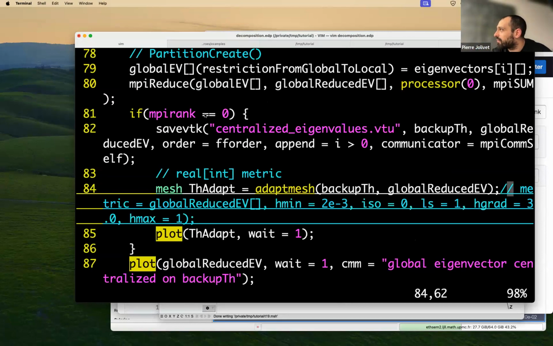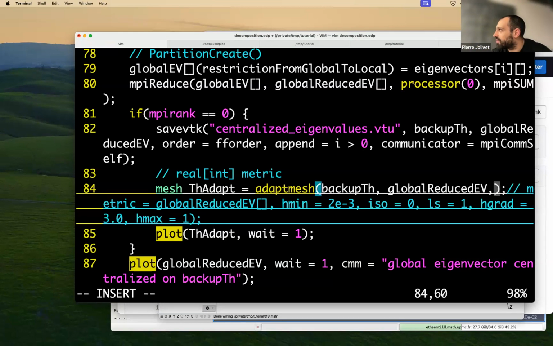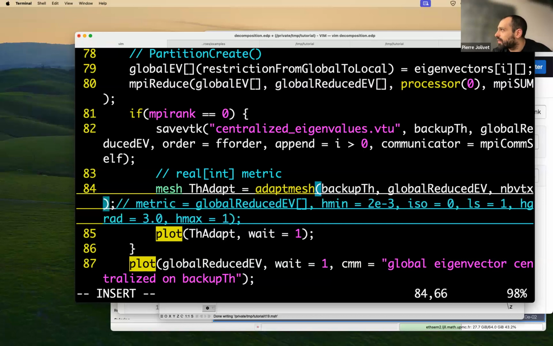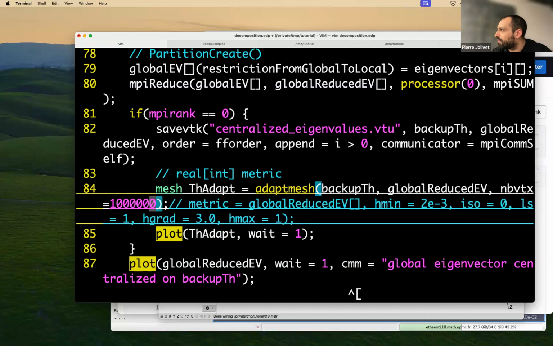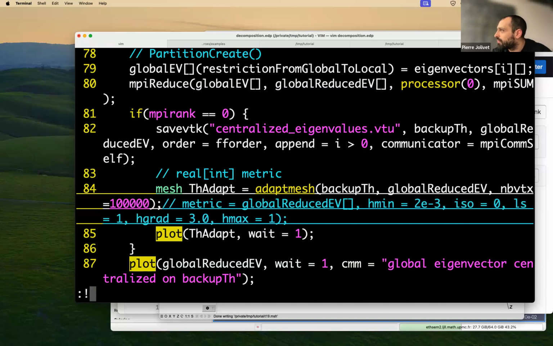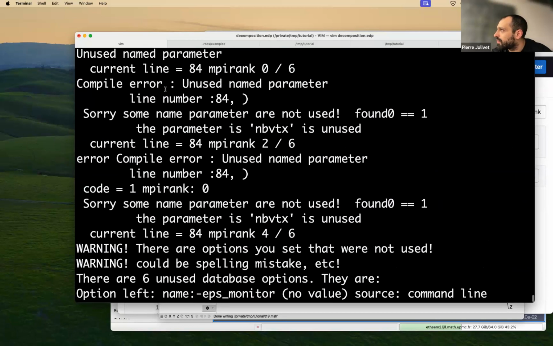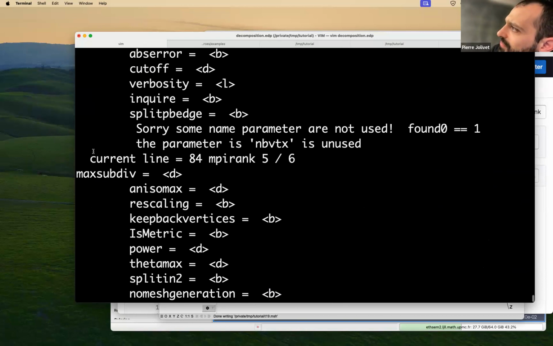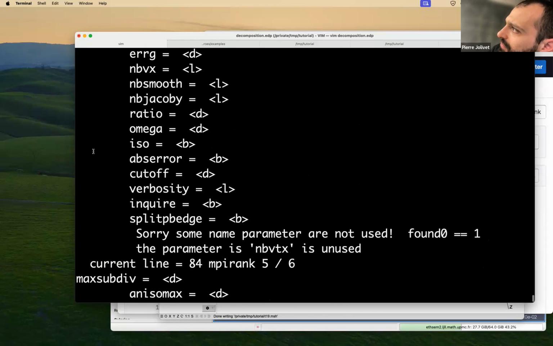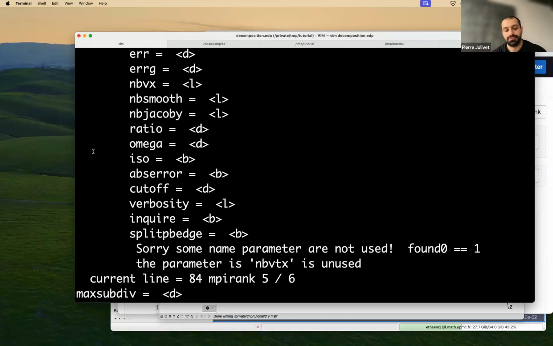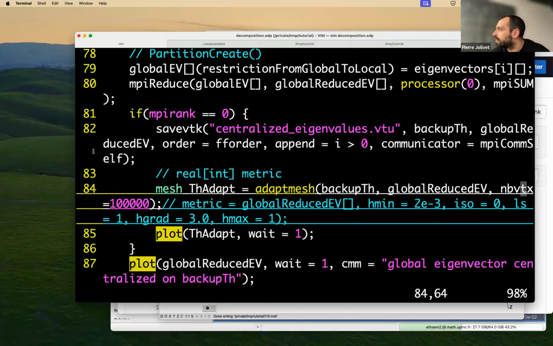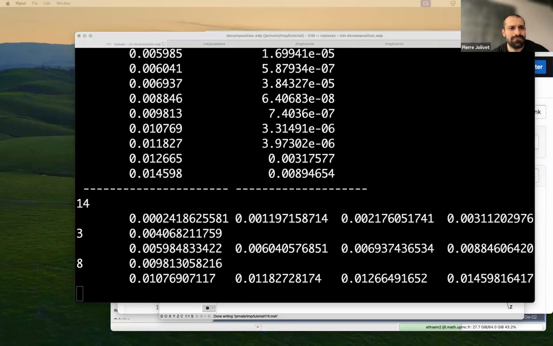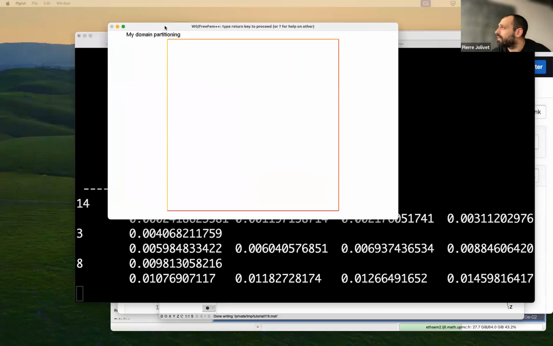I think there are the same parameters like nbvx. Is it any better?